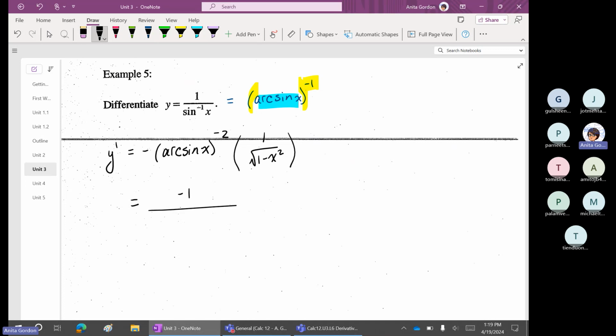It's just negative 1 all over arc sine x squared times square root of 1 minus x squared. Yes, thank you, the arc sine is squared. I don't think there's another way to simplify that. That's as good as that one gets.